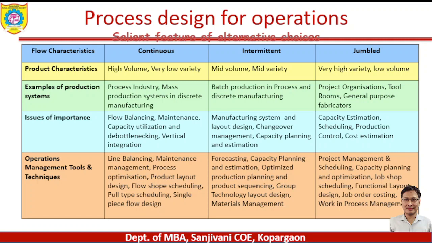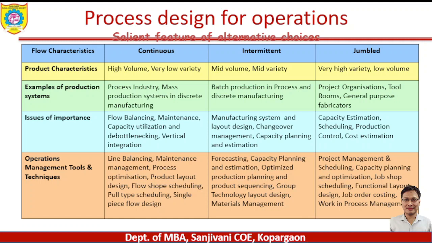Some of the management tools and techniques used in continuous flow are line balancing and maintenance management, process optimization, and scheduling of the flow shop, and the scheduling usually is full type of scheduling.